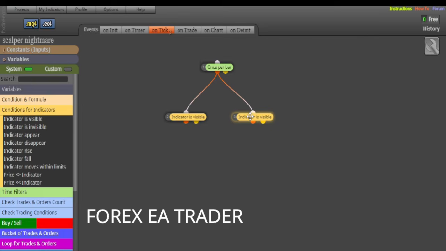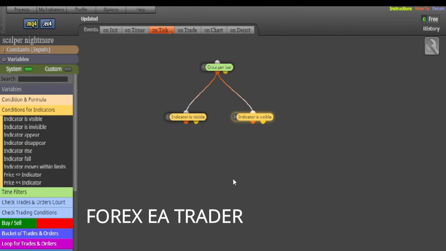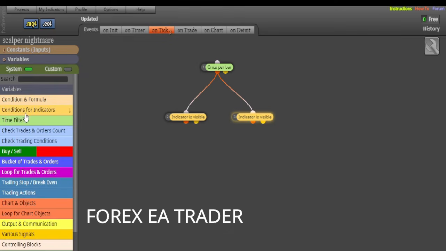Again, we double click, and now we are looking for a bear candle, and we're going to compare it with the previous bullish candle. Then because we are using the first candle, we're just going to update. After this, that's basically it.